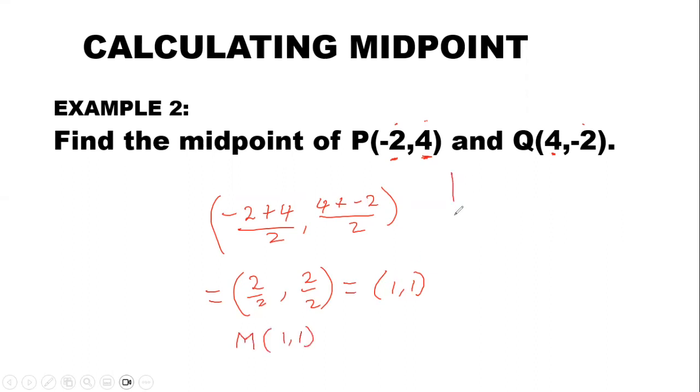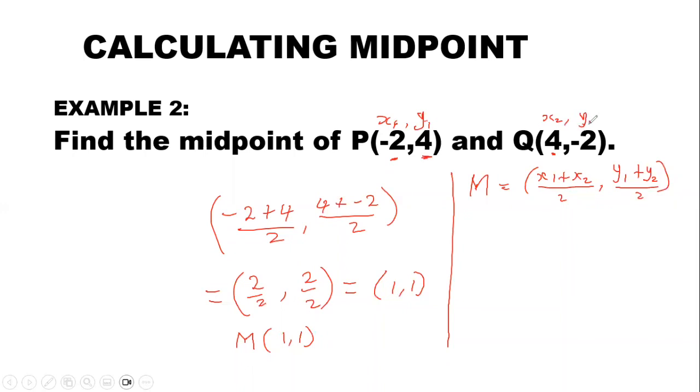But if you still want to work as a beginner, then you can state your midpoint formula. M equal to x1 plus x2 all over 2, comma, y1 plus y2 all over 2. Then you go on to label your coordinates x1, comma, y1, x2, comma, y2.